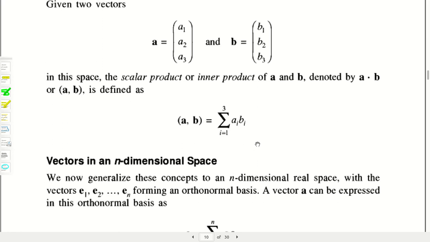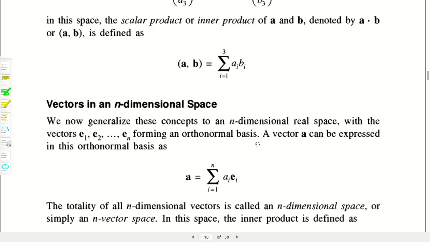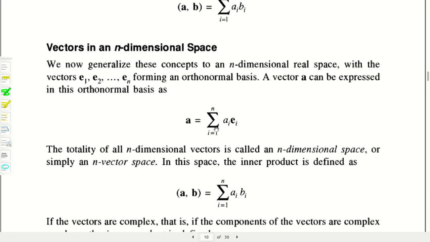Now if we make our life more complicated by thinking that an n-dimensional vector space is there, so n number of unit vectors are there which are mutually orthogonal, e1, e2, dot dot dot en, and you can represent the vector as a1 e1 plus a2 e2 plus dot dot dot an en, where the ai are scalars.